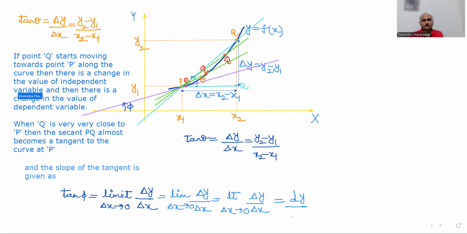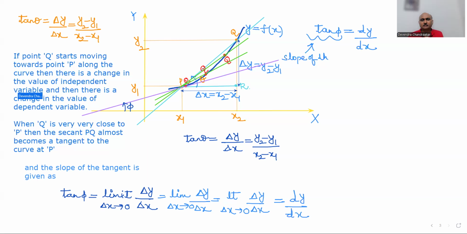So we now got tan phi as dy over dx. What is this? This was the slope of the tangent drawn to the curve.